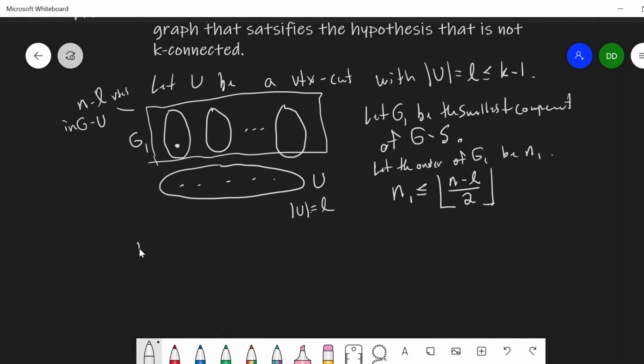Let V be in the vertex set of G1, and let's think about the highest possible degree it could have.